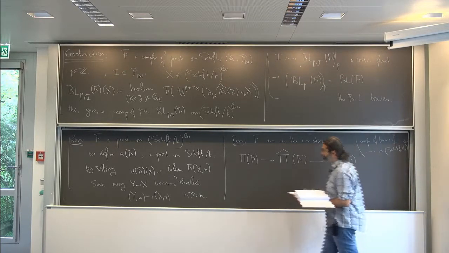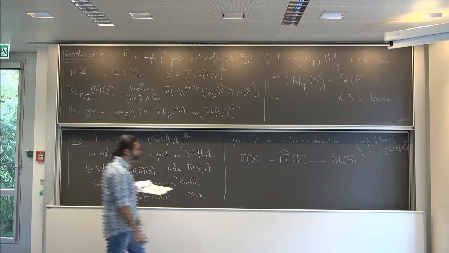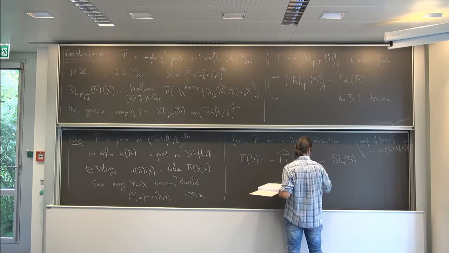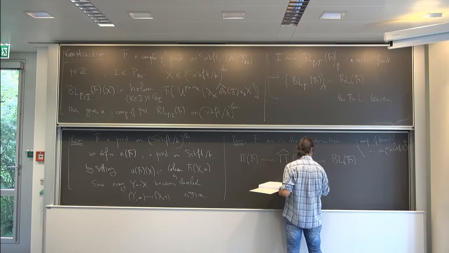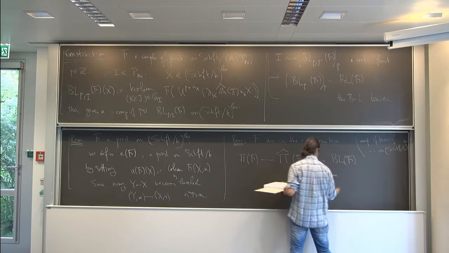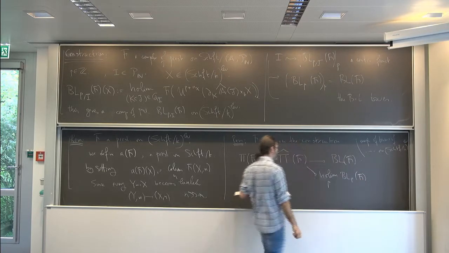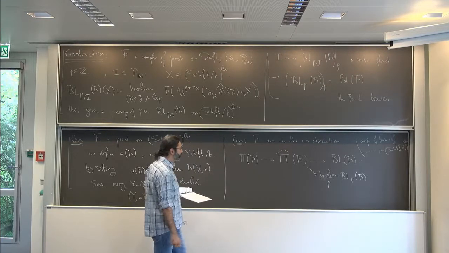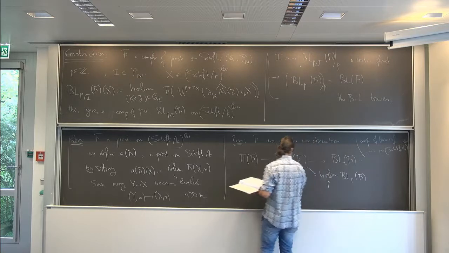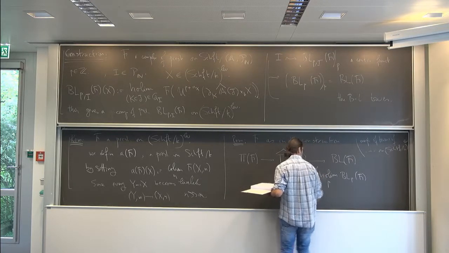Now, if I want to get something which is really just on finite type schemes, I can do the following. I can take the limit, maybe even the homotopy limit over p. Okay, so this makes sense. Now this is a morphism of presheaves here, and then I can take the associated thing.